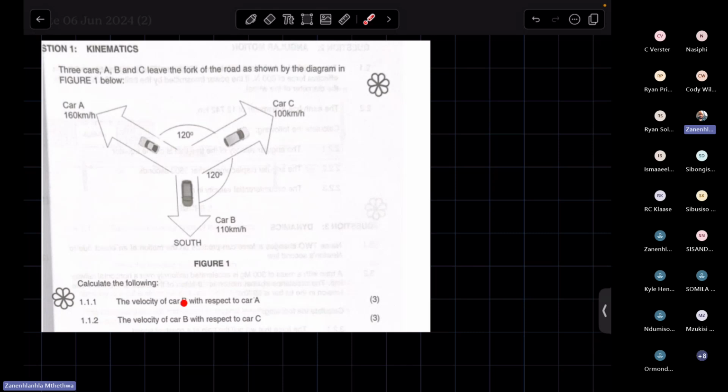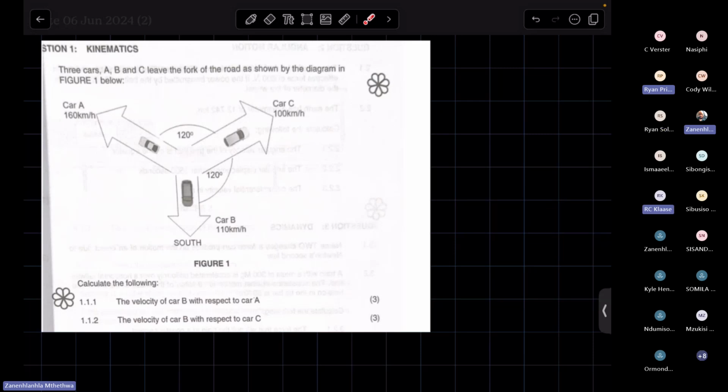Whereas with A, since A is our frame of reference, we are going to draw A in a direction that is opposite the one that you've been given. Are we clear?